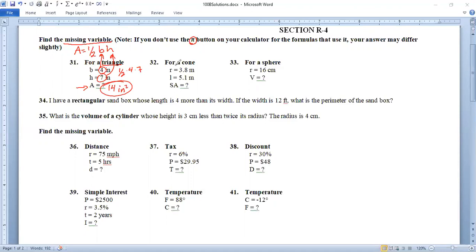All right, the next one, number 32. For a cone, we're looking for surface area.